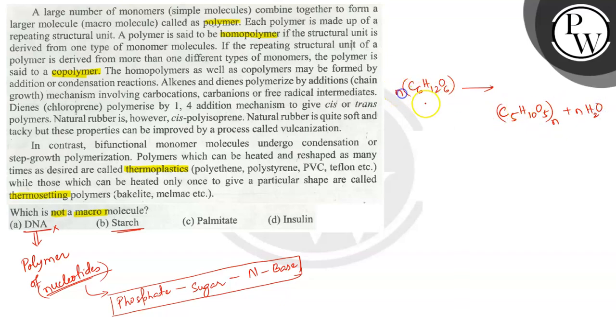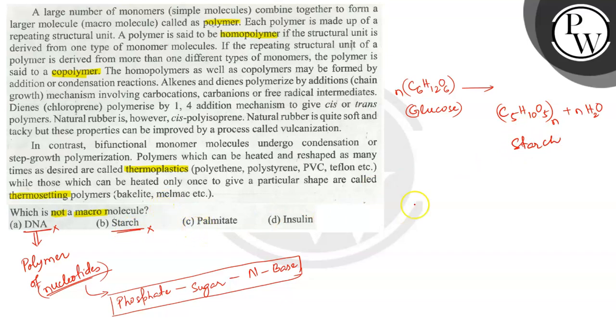So this is n-glucose. This is glucose. इसमें एक macromolecule present हो रहा है. This is starch. So this is clearly not the correct option because this is a macromolecule.